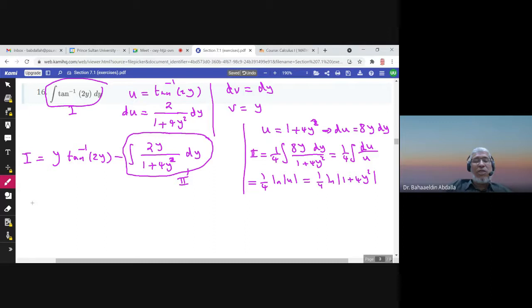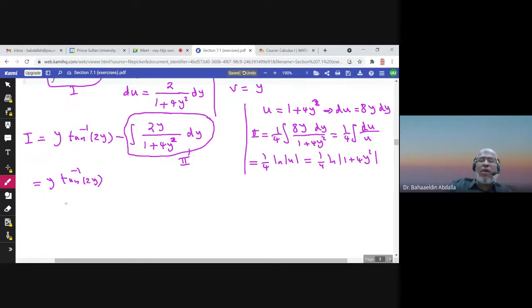So this integral would be equal to y tan inverse 2y minus this one, which is negative 1 over 4 ln 1 plus 4y squared, which is always positive, so there is no need to write the absolute value. Plus c, this would be the integral.